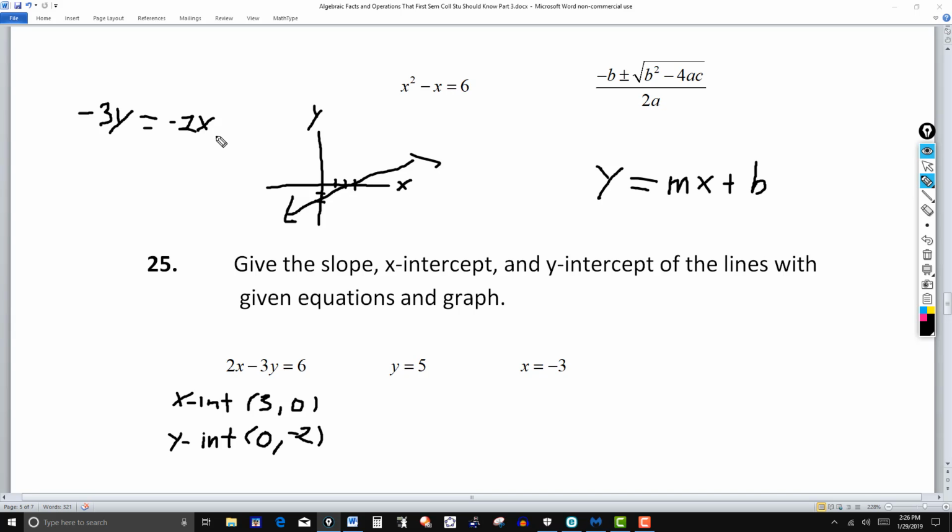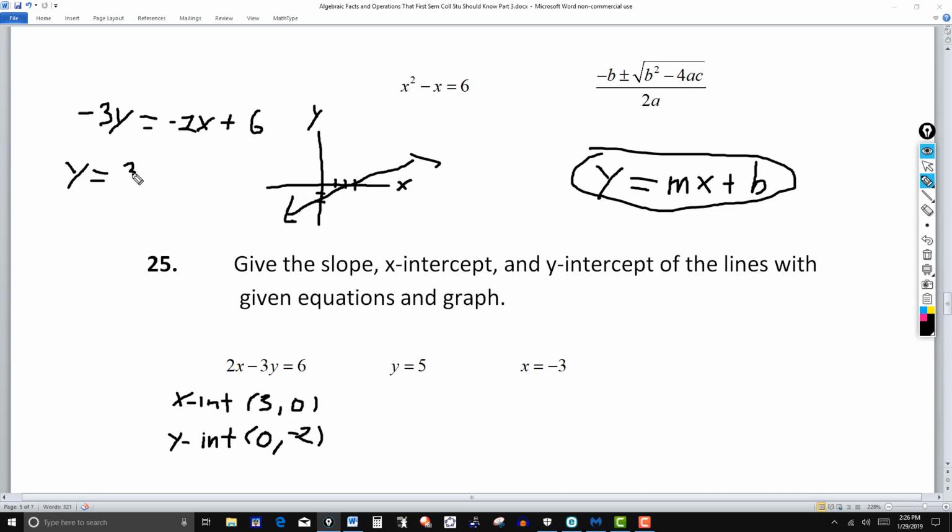If I divide by negative 3 to solve for y, in other words, I want it in this form right here. This is just one way to get the slope. You could use the 2 points and use the slope formula for that. But in this case, I'm just going to do this. Divide by negative 3.